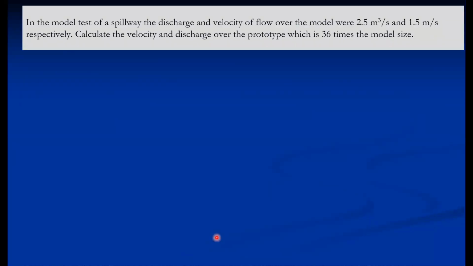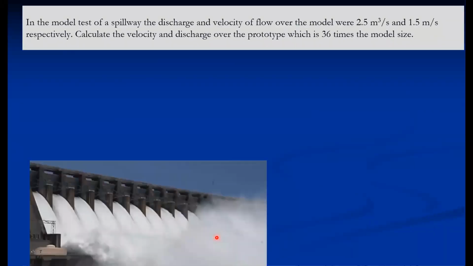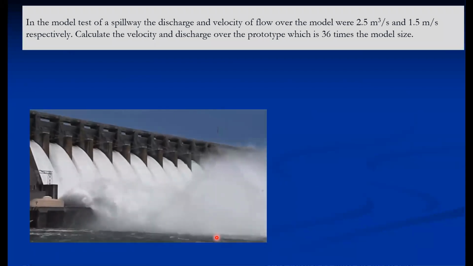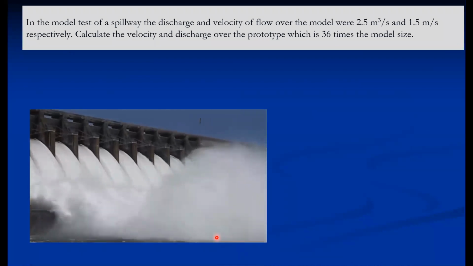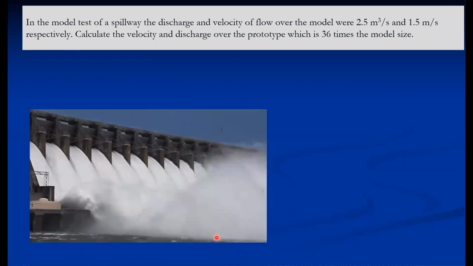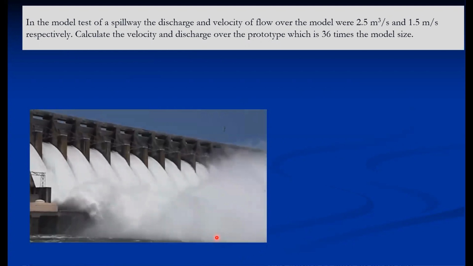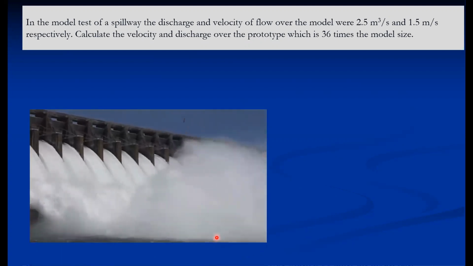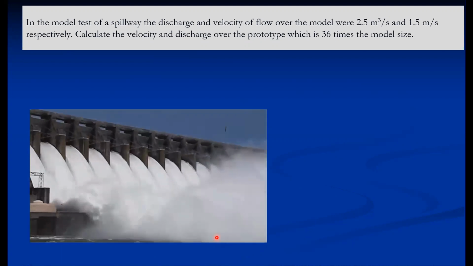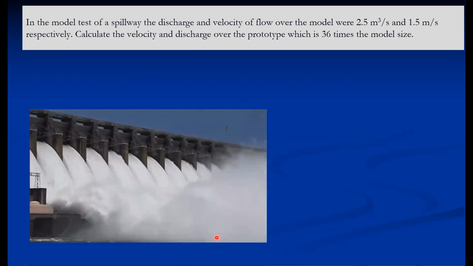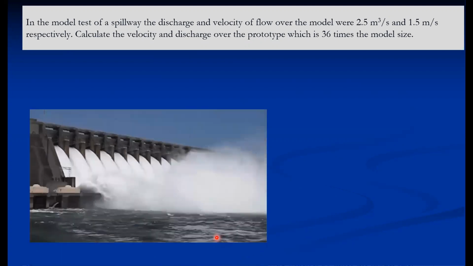Now we'll see one numerical. In the model test of a spillway, the discharge and velocity of flow over the model were 2.5 meter cube per second and 1.5 meter per second respectively. So the discharge and velocity of the model are given. Calculate the velocity and discharge over the prototype, which is 36 times the model size.